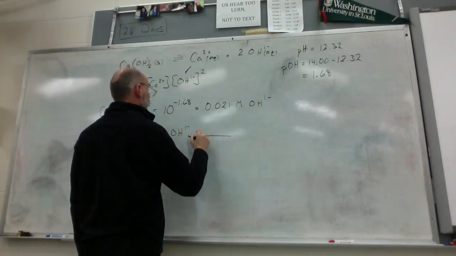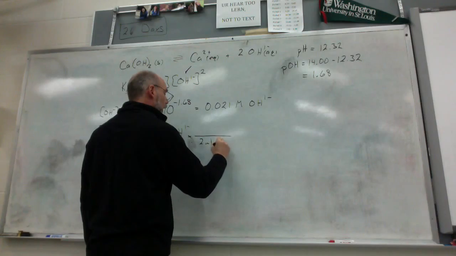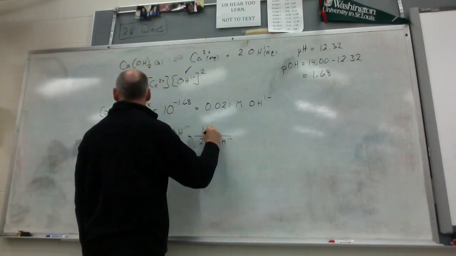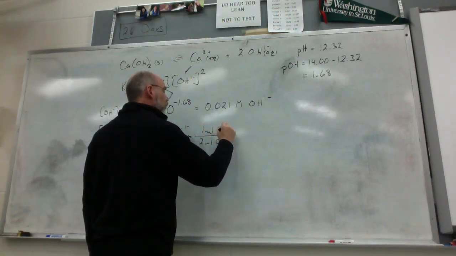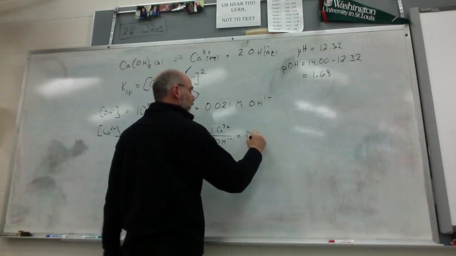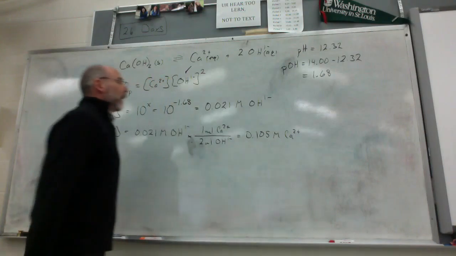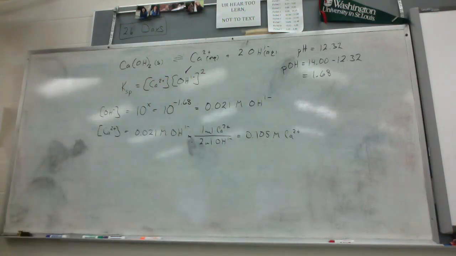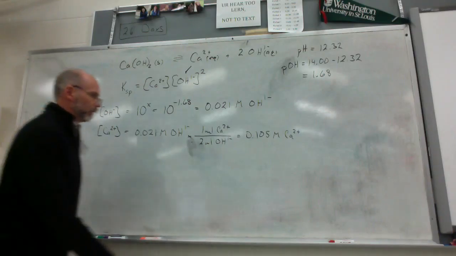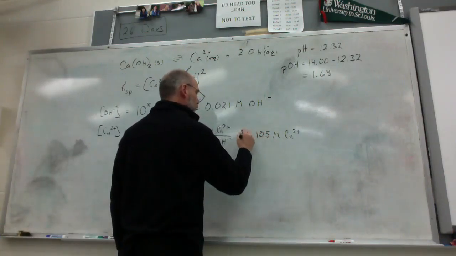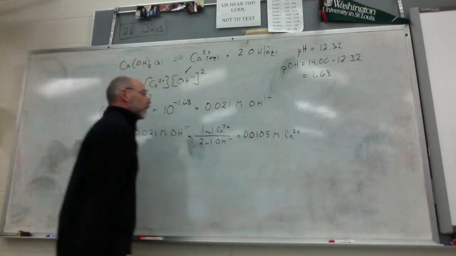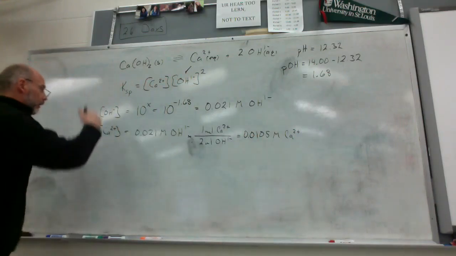Let me see, what is it? 2 moles hydroxide, 1 mole of calcium. As we already knew, it comes out to about that. Okay, so now we know the concentration of the calcium ion. It's just a matter now of plugging things back into the expression.